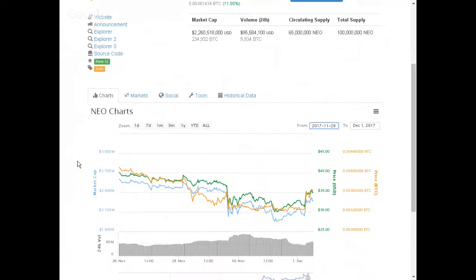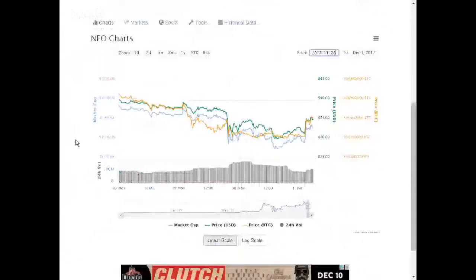Okay, so I'm looking at Neo, and it looks like the Bitcoin value is going up with Neo. So there may be an opportunity for you to get more Bitcoins trading Neo, if that's what you're into. But if I'm into Bitcoin, I wouldn't be trading any altcoins.